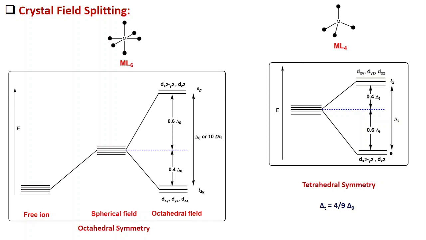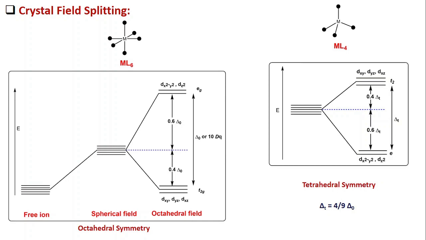If we consider a typical tetrahedral complex, just like I have shown here, ML4, the ligands approach the metal center not directly towards the coordinate axis, but in between them. As a result, the dxy, dyz, and dzx orbitals get destabilized, whereas the other 2 orbitals get stabilized.